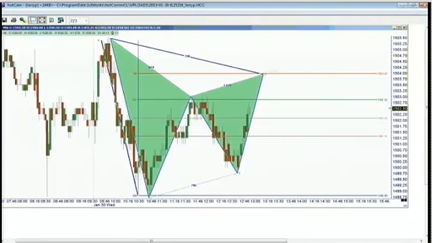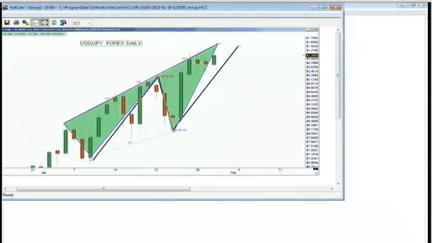I want to move to the Japanese yen, because we have a pattern that has been forming since early January that we've been watching quite a bit, and that is a three-drive pattern. It's relatively symmetrical. It has a very nice AB equals CD pattern coming in here at this 91.40 level.